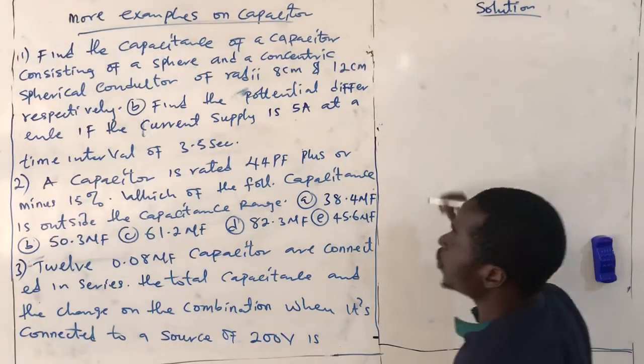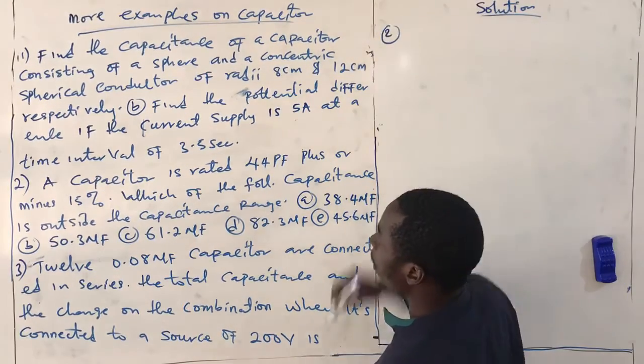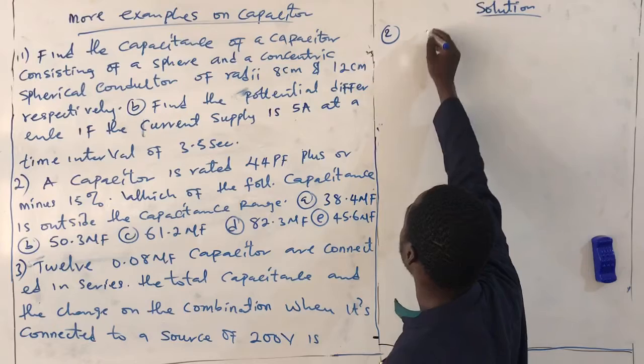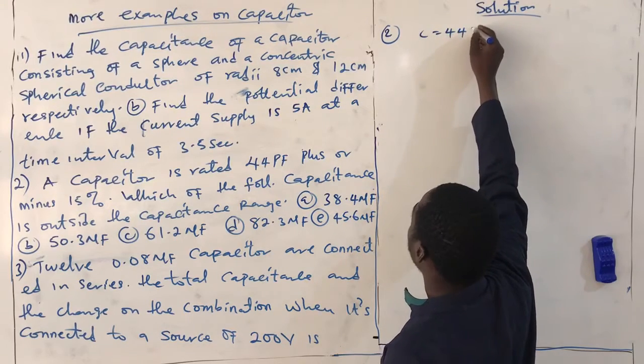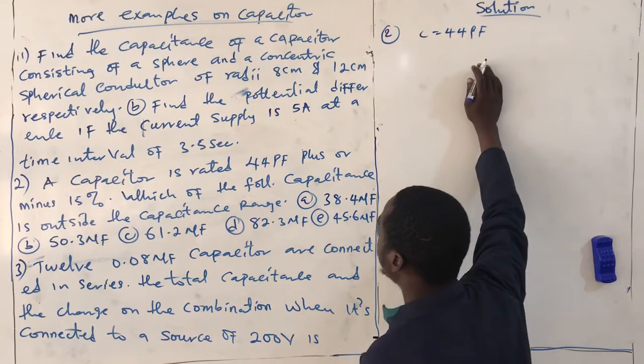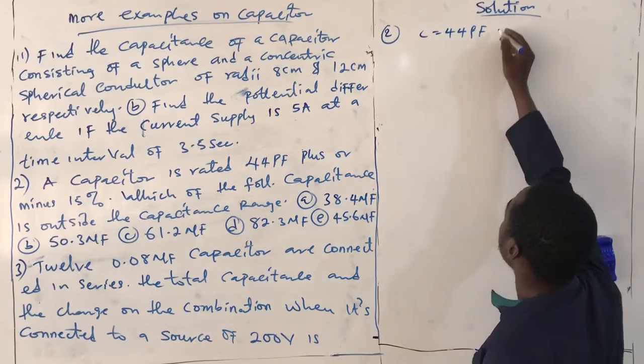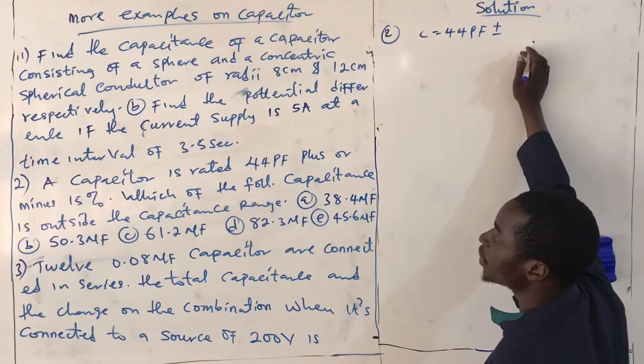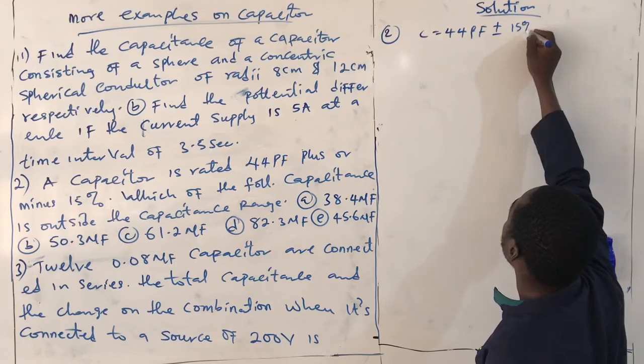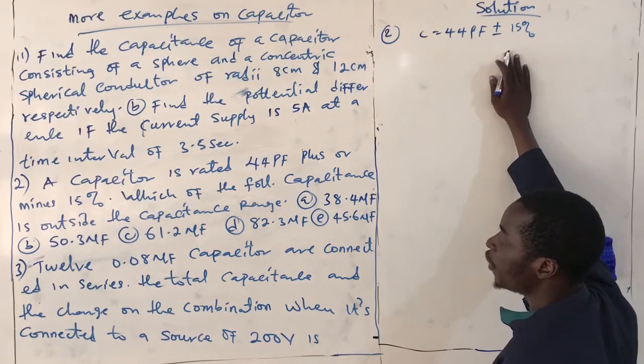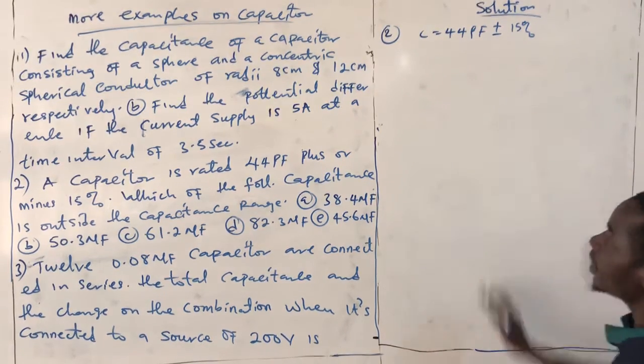So, question number 2 says, a capacitor is rated 44 picofarad plus or minus 15%. Which of the following capacitance is outside the capacitance range?